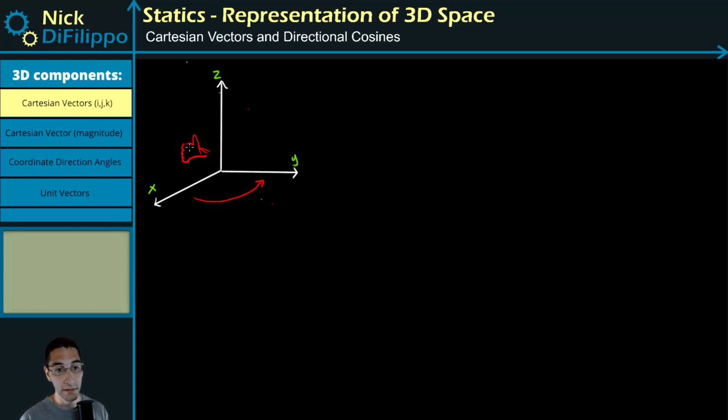These are my knuckles, these are my fingers when they're curled into a fist. But what we want to notice is where my thumb points. My thumb is always going to point in the positive z direction, and that positive z direction is right there. So while the actual location of x, y, and z might change based on the book you're using, they're all going to follow this right-handed coordinate system.